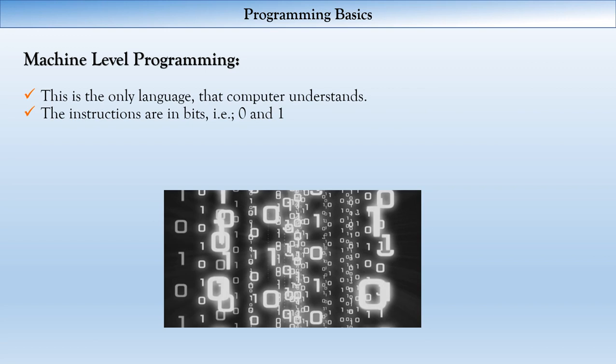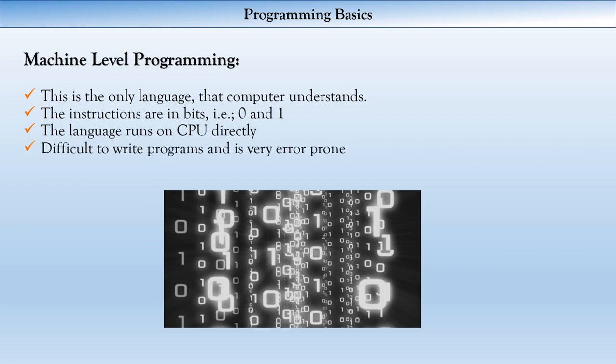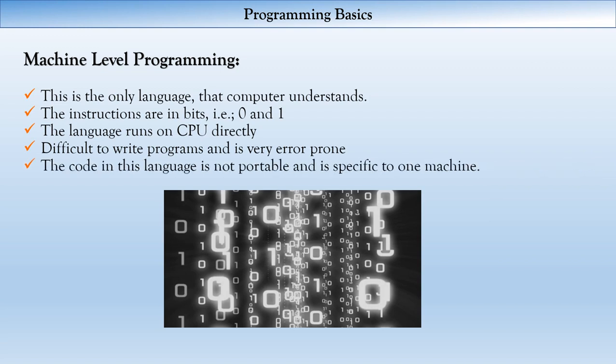First is machine language. The instructions in this language are in bits, which are 0 and 1. This language runs directly on the computer CPU. Writing instructions in this language is tedious and hectic, and that is why it is very error prone. This language is specific to a particular type of machine, which makes it non-portable.